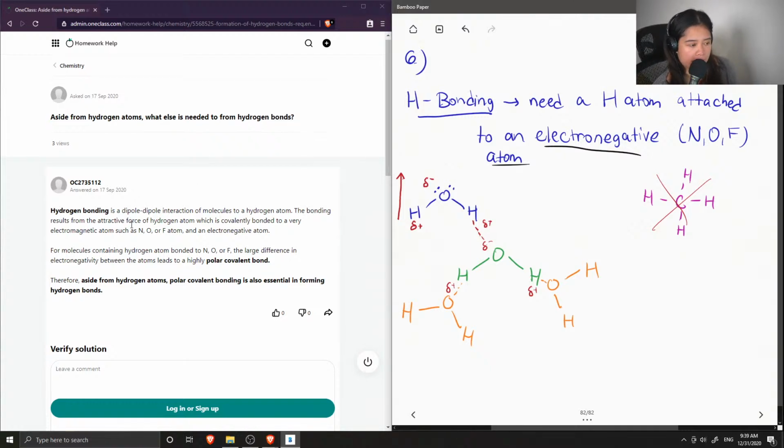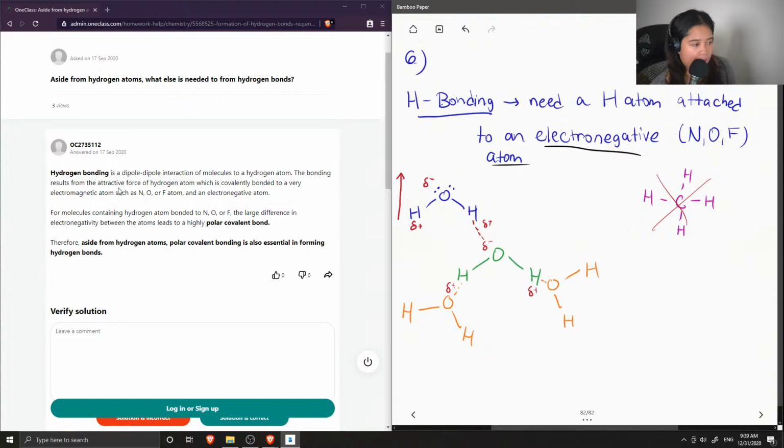So let's see what the junior tutor said. Hydrogen bonding is a dipole-dipole interaction of molecules to a hydrogen atom. The bonding results from the attractive force of hydrogen, which is covalently bonded to a very electronegative atom, such as nitrogen, oxygen, or fluorine.